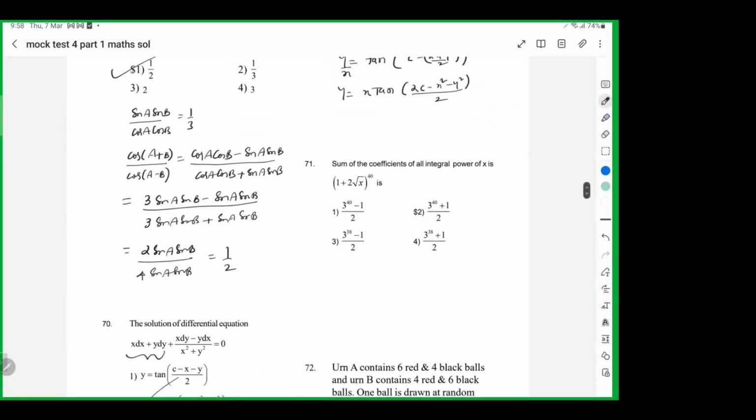So here, the sum of the coefficients of all integral powers of x. So 1 plus 2 root x whole power 40. If you take 40 c naught, 2 root x power 0, 40 c1 2 root x whole power 1, 40 c2 2 root x whole square.